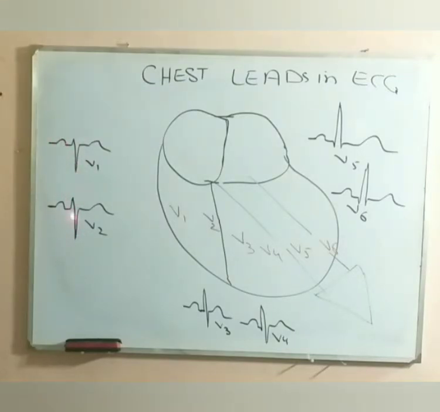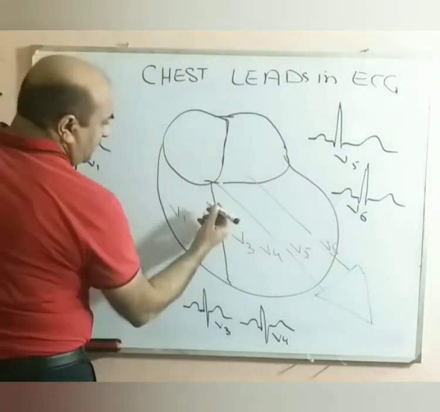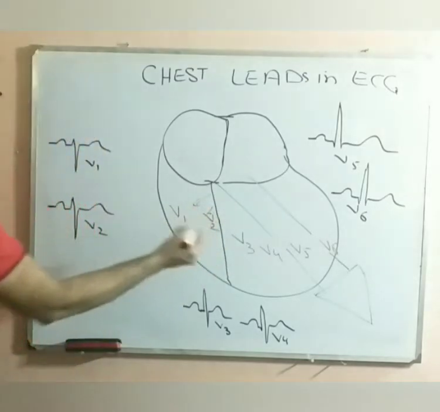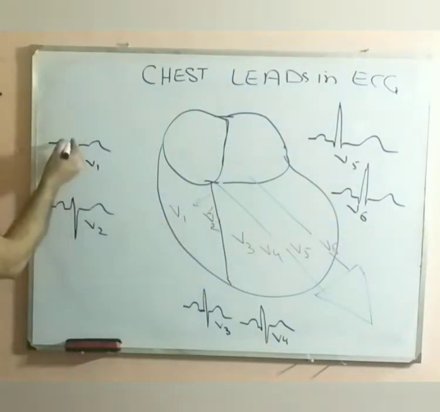Why is this a small R wave? Because initial septal depolarization is coming towards leads V1 and V2, because first the septum depolarizes, this electrical activity comes towards them, but it's a very minor activity, so it generates a very small upward deflection known as a small R wave.